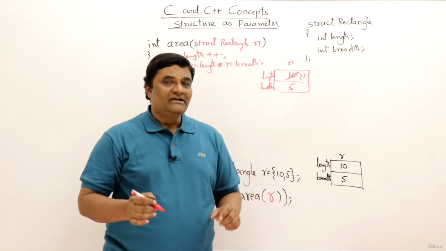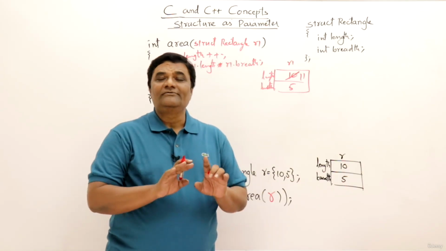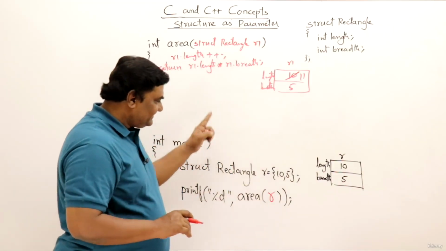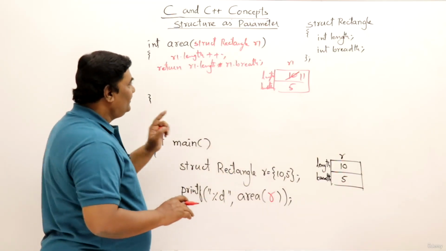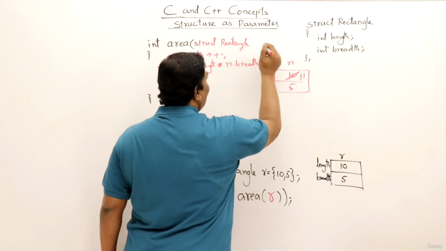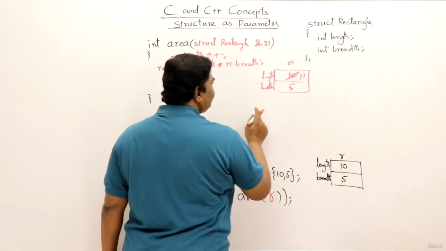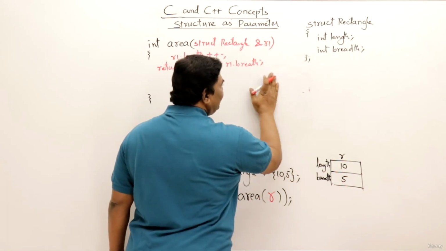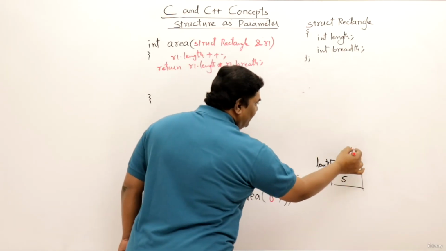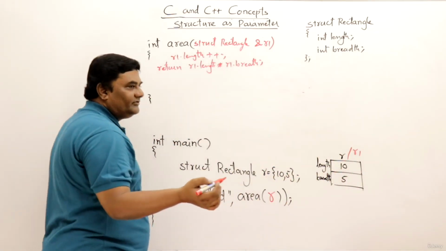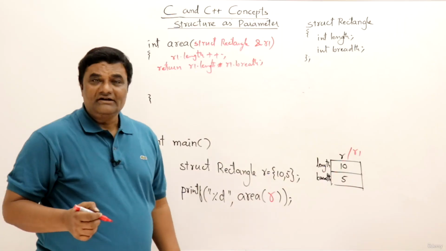Call by reference. So for call by reference, I don't have to do much. It will be the same thing, and the only thing I have to do here is write ampersand R1. Now this is a reference. So a new object will not be created, but the same thing is called R1 also. Yes, we have already learned about references.